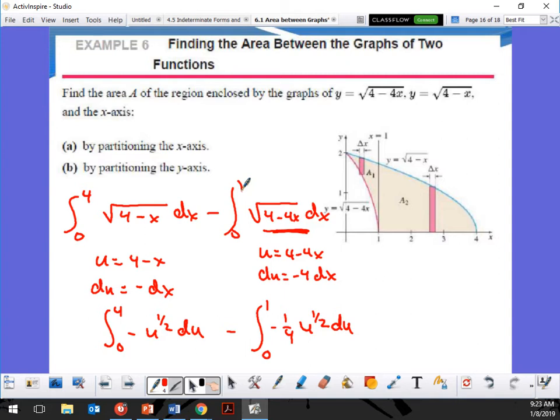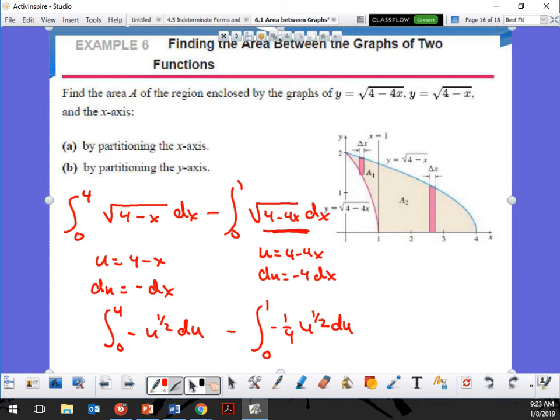Where are you at? Are you okay with the integration? With the u-sub? Okay, because we can't do the integration of this, so I u-subbed it, I turn it into this.